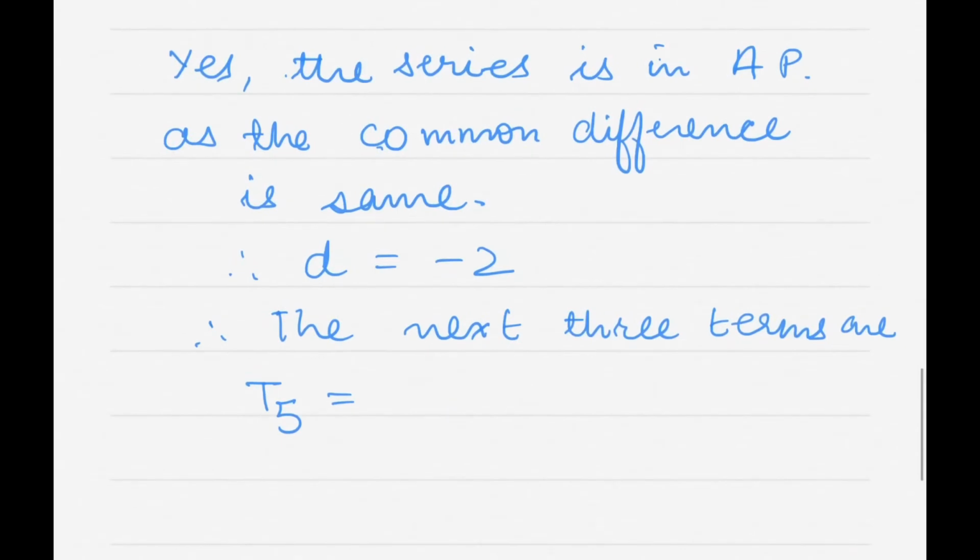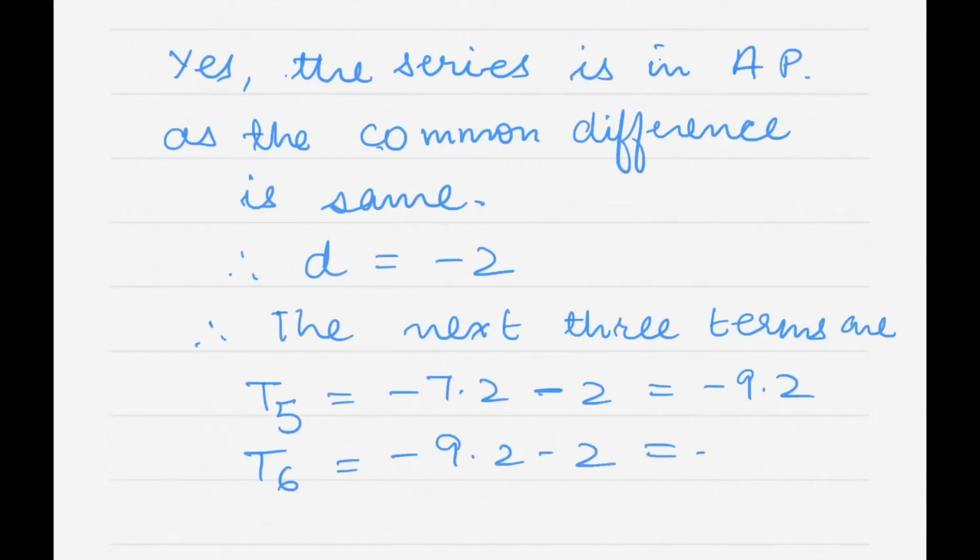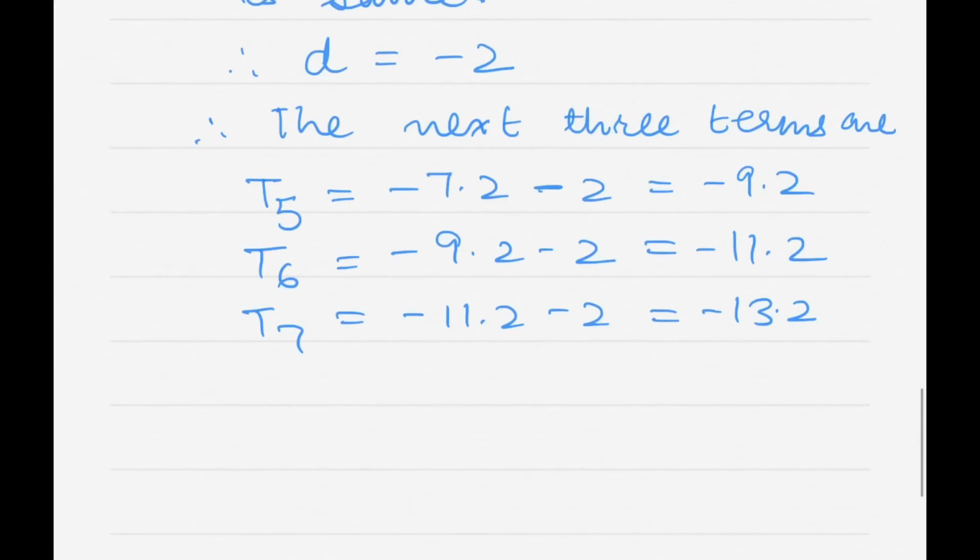T4 was minus 7.2, minus 2, so minus 9.2. T6 will be equal to minus 9.2 minus 2, so minus 11.2. T7 is equal to minus 11.2 minus 2, so minus 13.2. So these are my next 3 terms. So done. Let's move to next part.